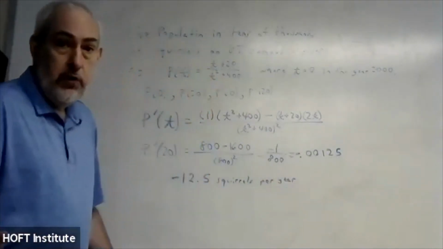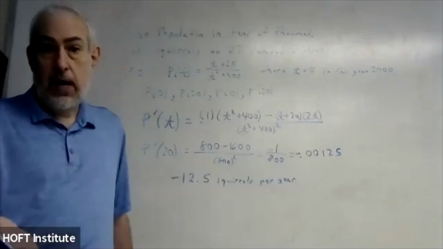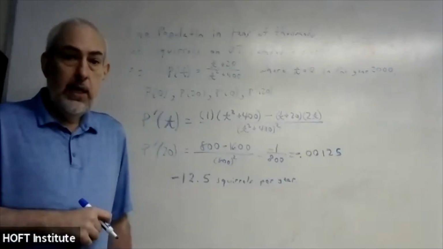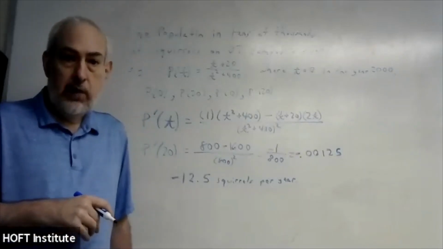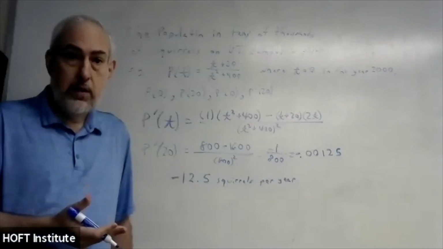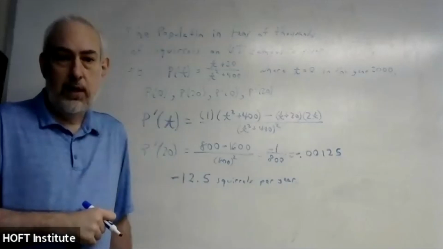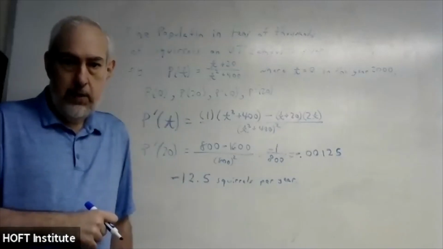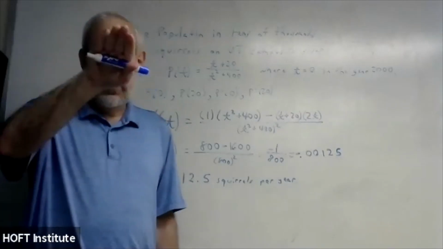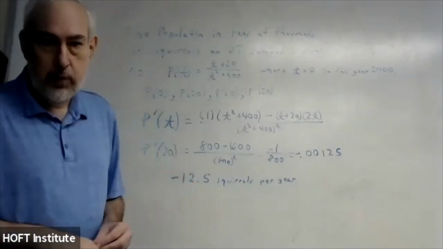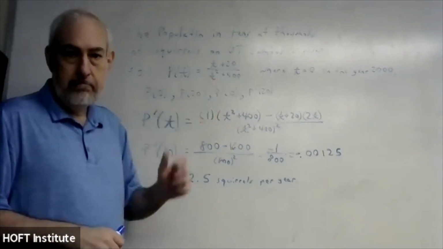So even though the two populations were equal in the year 2000 and the year 2020, it turns out that the population is increasing or growing in the year 2000, where our squirrel population is now decreasing in the year 2020. So the graph must have been going up, and then now it's going down, if we were to look at the graph of this function.